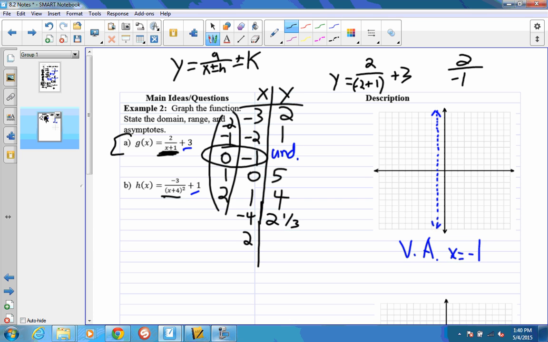And then 2 plus 1 is 3. So 2 over 3 plus 3, it's just 3 and 2/3. Right? So then we go and graph. I've got a -3 and 2, and -2 and 1. My undefined, I've got 0 and 5. 1, 2, 3, 4, 5. 1 and 4.